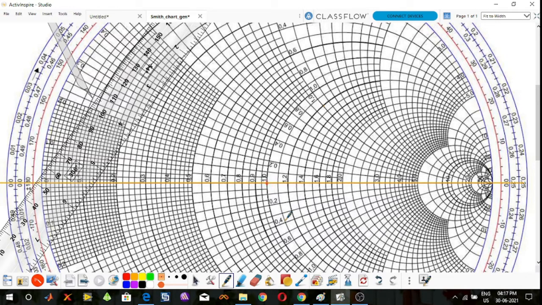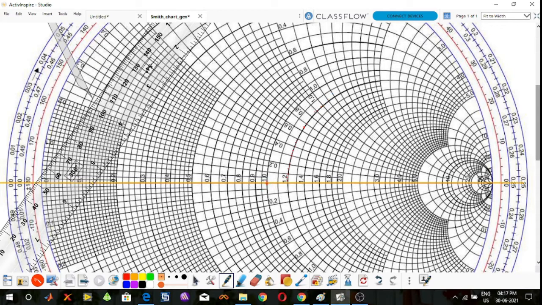In this Smith chart, mark the R is equal to 1 constant circle, and this is the R is equal to 1 constant circle. And this is the 1.2 constant circle.